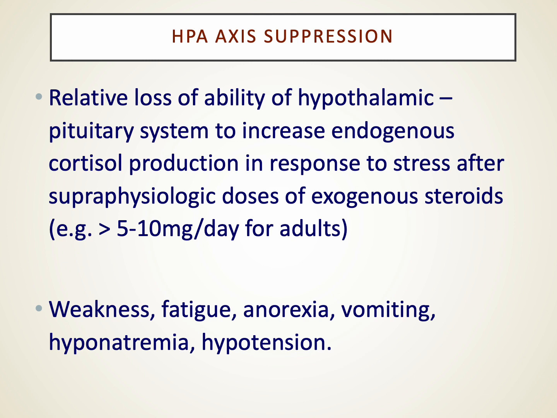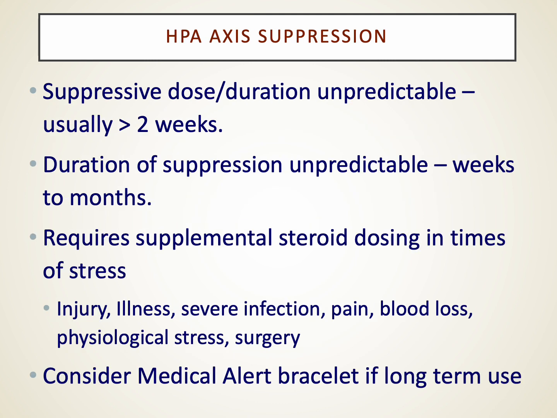That's typically what you'll see. And if somebody is not secreting their own cortisol and they run into trouble, you typically see Addisonian features, which include weakness and fatigue, anorexia, sometimes nausea, vomiting, and hyponatremia. Hypotension is classically presented as well. Typically, that's going to happen with longer-term therapy and with larger doses.